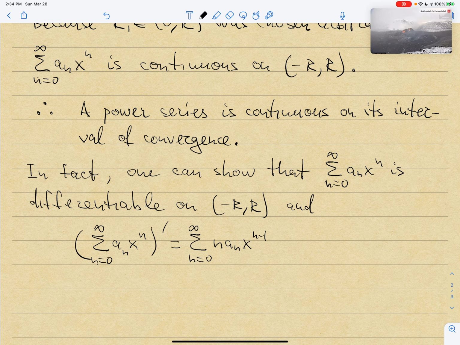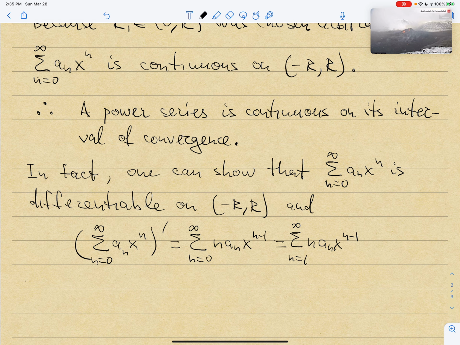And notice also when n is equal to 0, then this factor is 0. So this is also the same thing as a summation that starts from 1 and goes to infinity of n an x to the n minus 1, which should make sense because the first term of a power series, a0, is just a constant. It doesn't have any x's in it. So when you take its derivative, it is going to disappear. Okay.